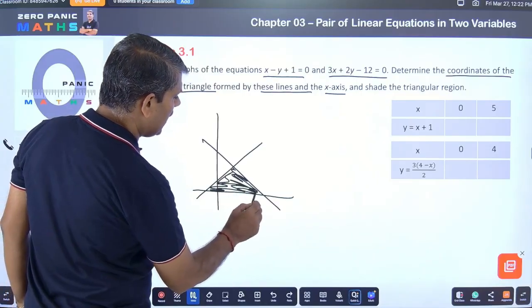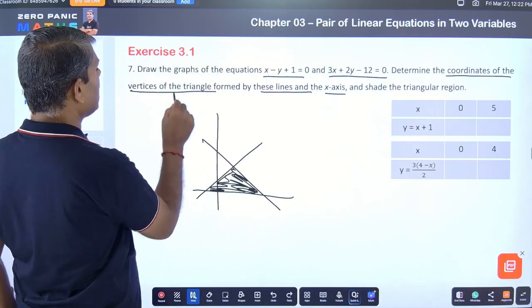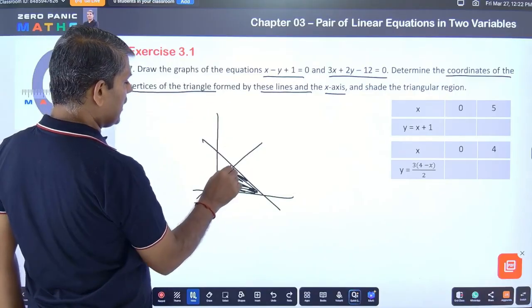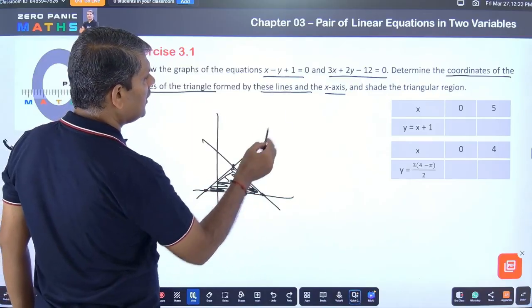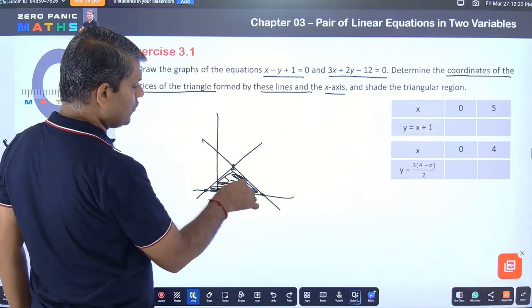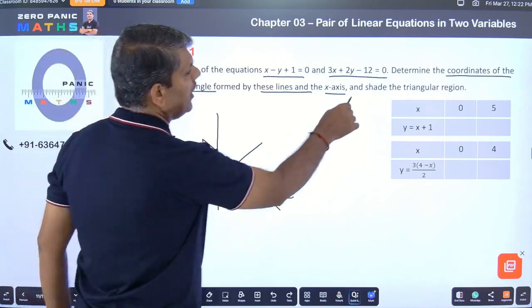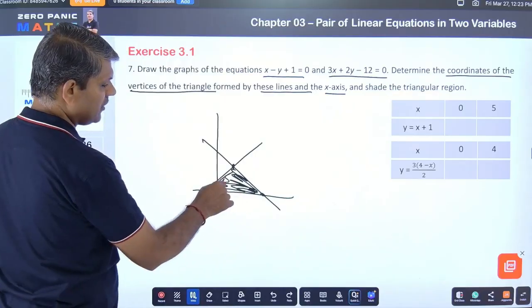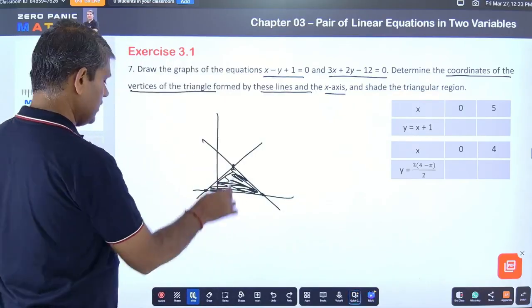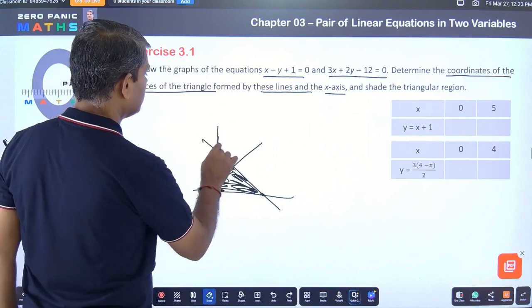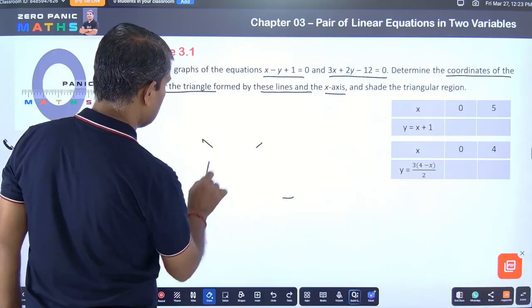This is a triangle that is formed by the vertices of the triangle. We have to identify these vertices, and then with the x-axis it is going to form this triangle. Okay, and then shade the triangle. They are saying shade this region. Okay, this is what the problem is. Okay, hope you understood this.